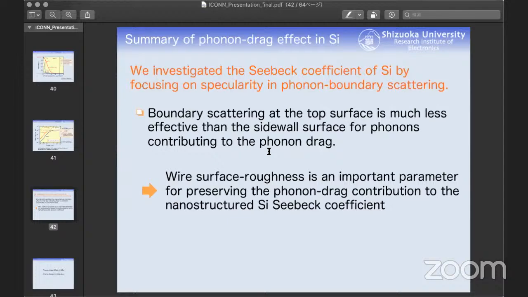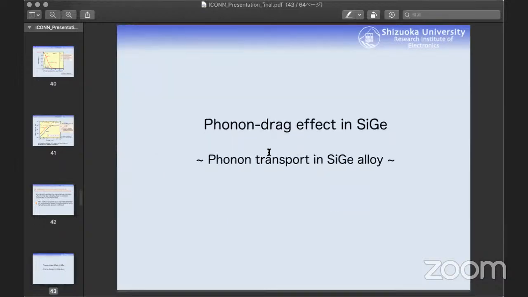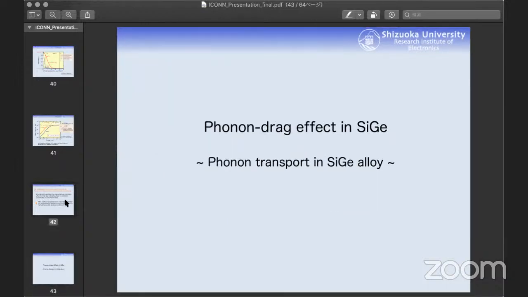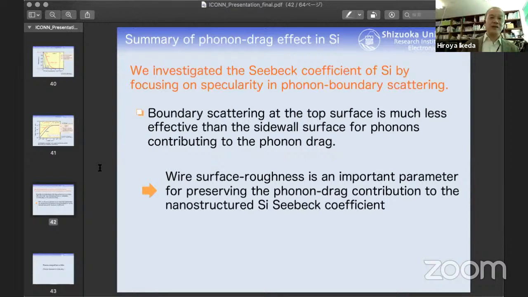So this means that if we make a quite smooth surface, even in a nanostructure, the phonon drag component in the Seebeck coefficient is preserved. So it is very important information for enhancing the thermoelectric efficiency. Thank you for your kind attention.